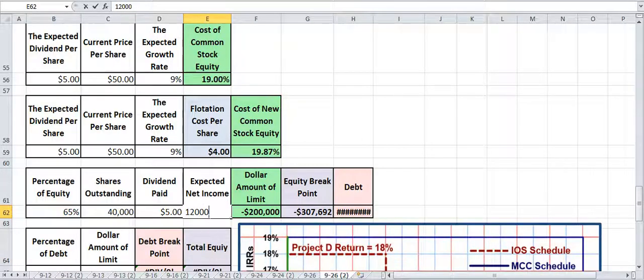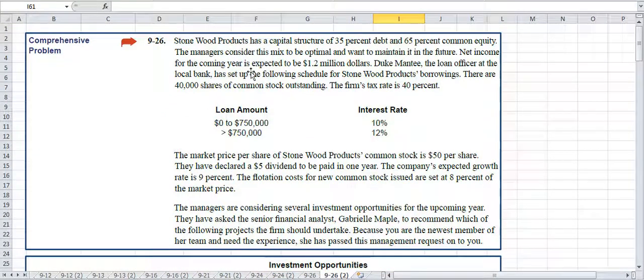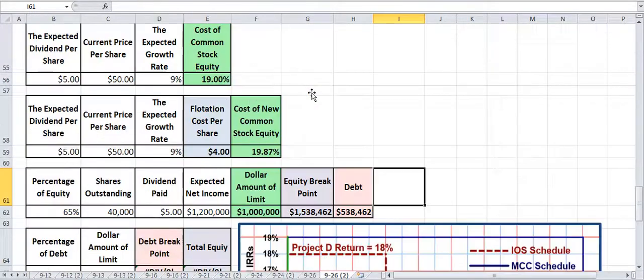000, right? Because that's what they said right here. If you go back and look, they were expecting a net income of $1.2 million, but they're paying a dividend. So I had to put that in the formula right here to take out the dividend of $5 per share.